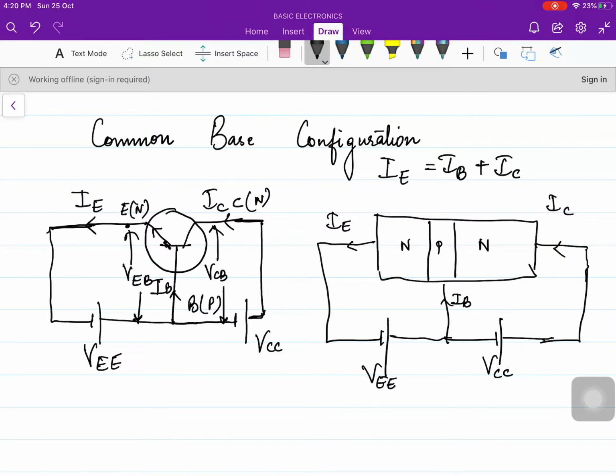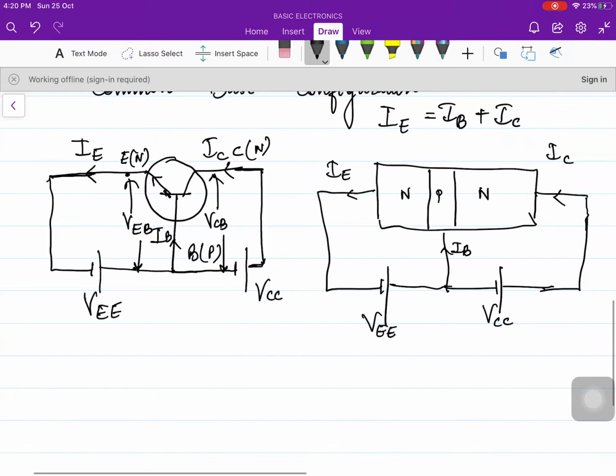This is how we draw the diagrams. Now this is VEB and this is VCB.